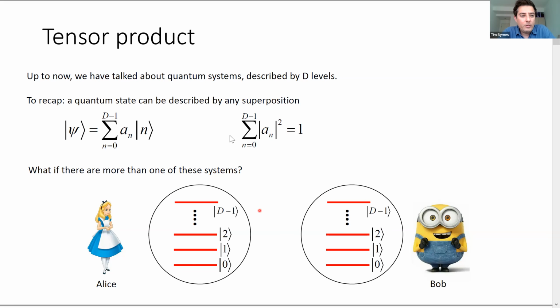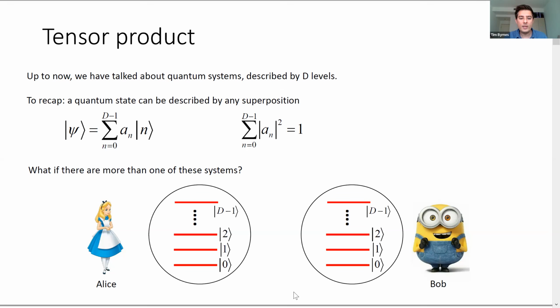This is basically what we've been talking about up to this point. We've been talking about just one quantum system, and we've mainly looked at this two-level system, like a qubit. More generally, you can have d levels, but basically we've been looking at just one quantum system.